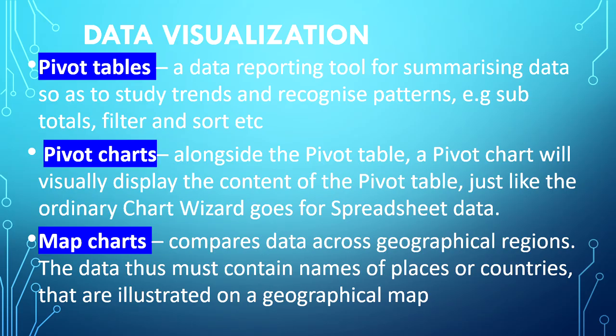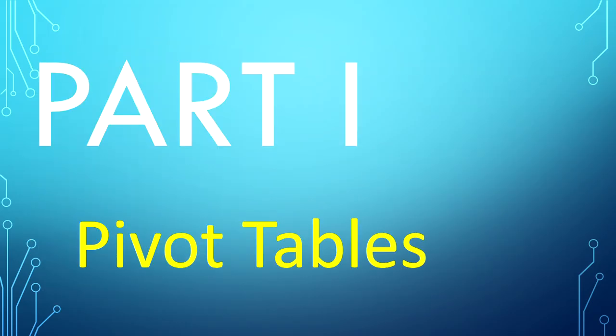The source data is used to show geographical regions, as we are going to see. For example, if you have country names and their populations, we can display it in a graphical manner using a map chart. We are going to see all that. So we have pivot tables, as it were.